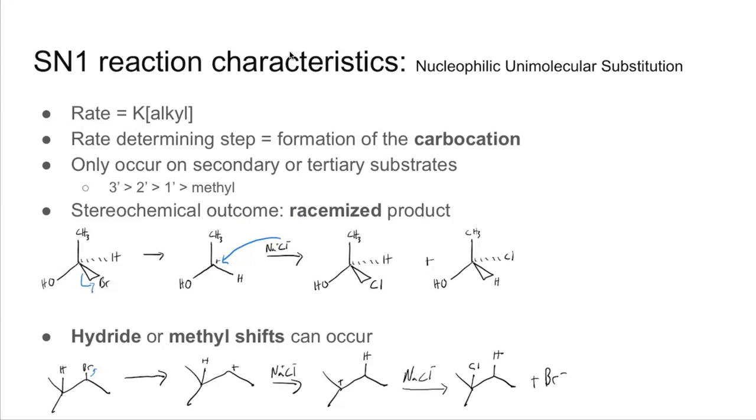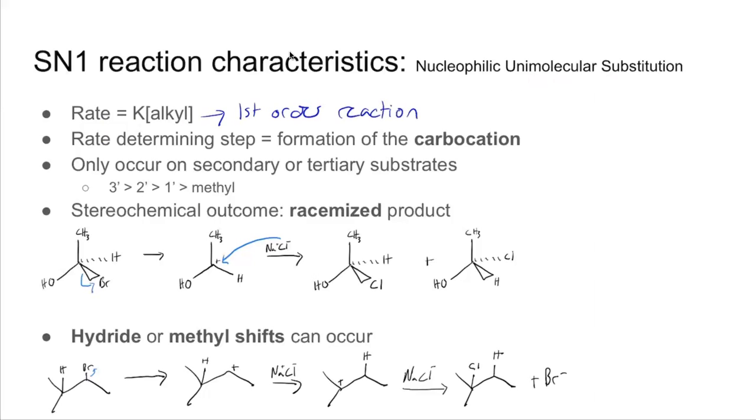This rate law has one different reactant after the K constant. So this is a first order reaction. There's also kind of a hint in the name, unimolecular.